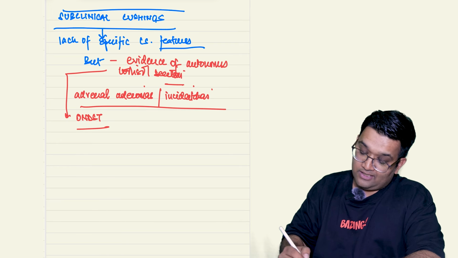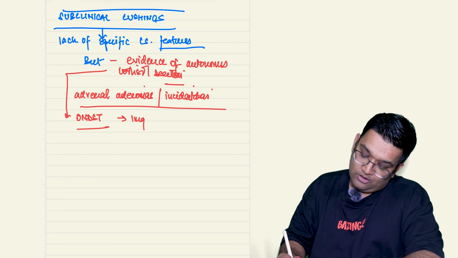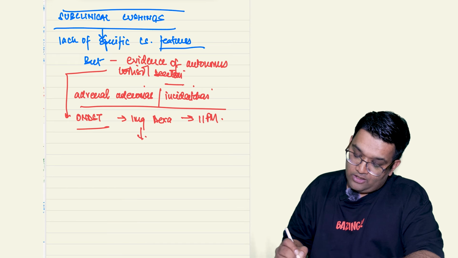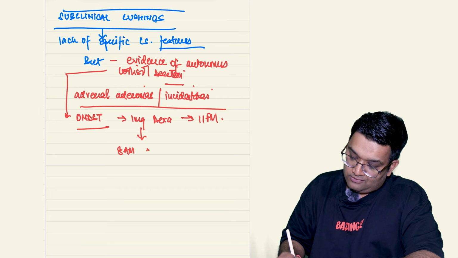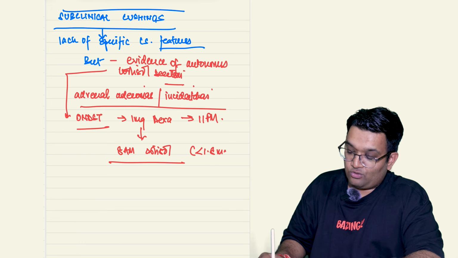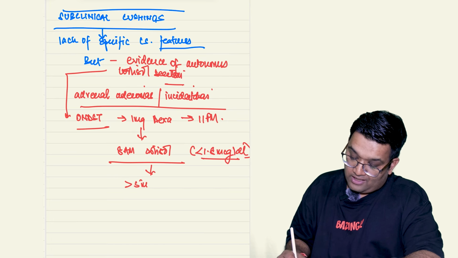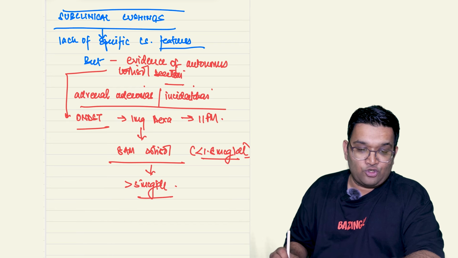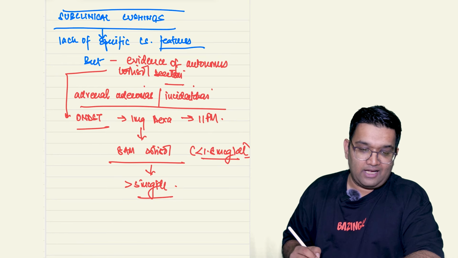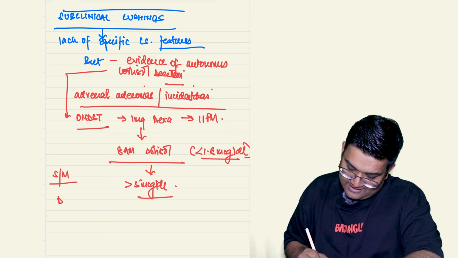We will do an ONDST, the overnight DEXA suppression test. Here we give 1 mg of dexamethasone at 11 p.m. and we take an 8 am cortisol. Ideally it should be less than 1.8 microgram per deciliter, but if it is more than 5 microgram per deciliter, it shows some sort of autonomous cortisol secretion, and the surrogate marker can be DHEAS.